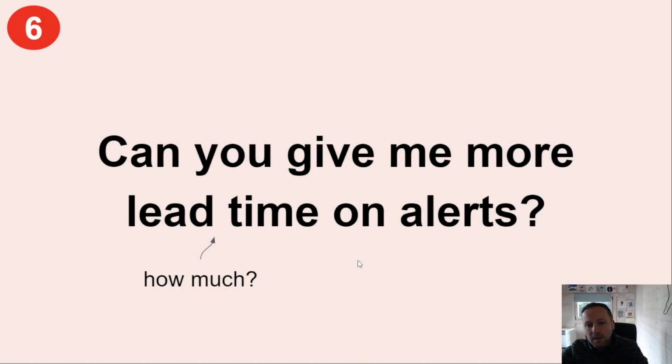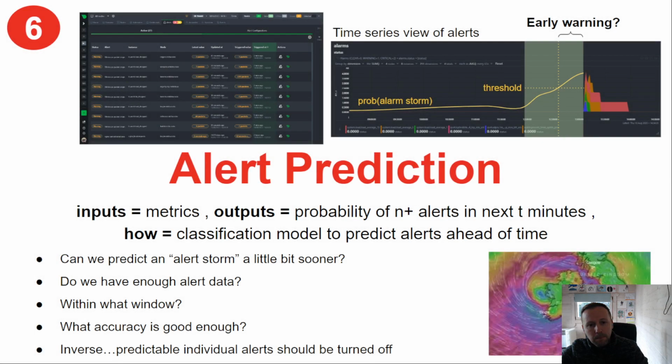Number 6. This is another one sort of alerts related. What we're doing here is trying to see if we can predict an alert storm ahead of time. We have all these alerts, and the real problem happens when we have lots of alerts at the same time. That's obviously a sign that something has gone wrong on the system.